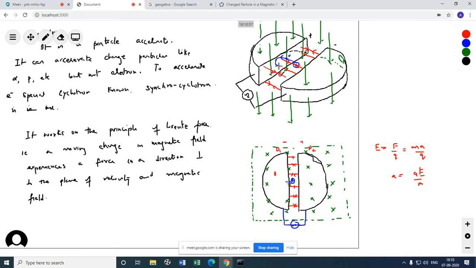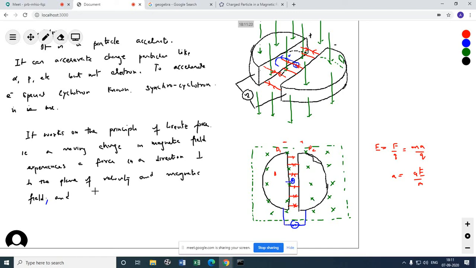Got it? Yes, sir. So you can also note here that it works on the principle of Lorentz force, that is, a moving charge in a magnetic field experiences a force in a direction perpendicular to the plane of the velocity and magnetic field.